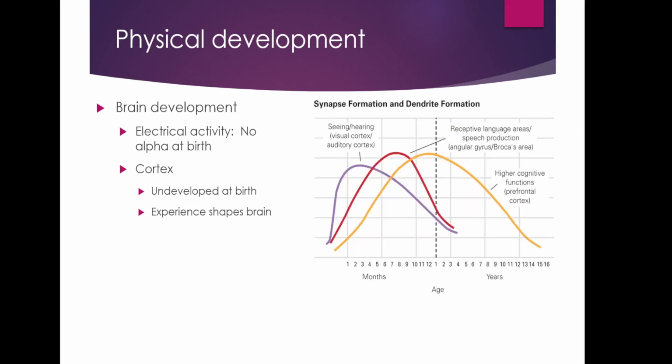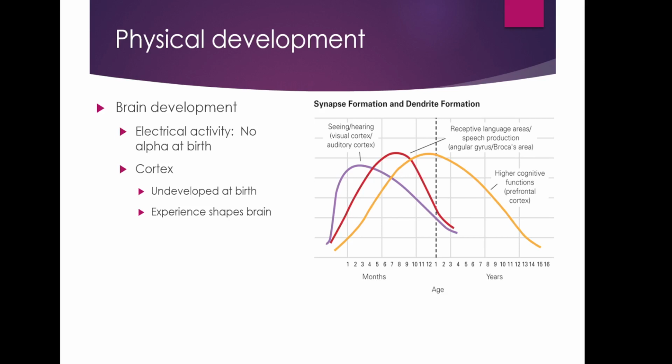So in this panel, what you're seeing is how much growth there is in different parts of the brain by age. Everything to the left of the black dotted line is in the first year of life. You'll see that the purple curve, which represents the visual cortex and the auditory cortex, devoted to processing information from your eyes and from your ears, grows enormously in the first few months after birth.